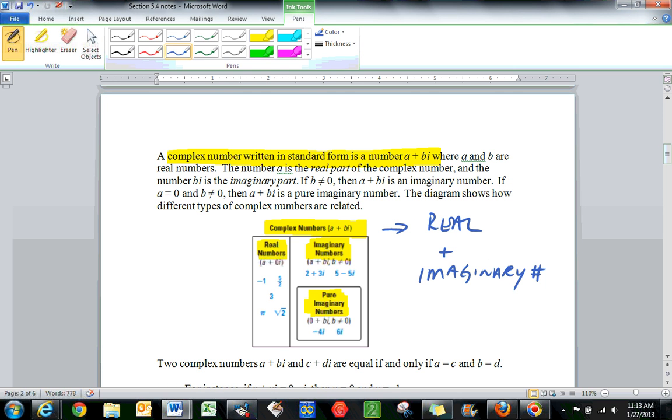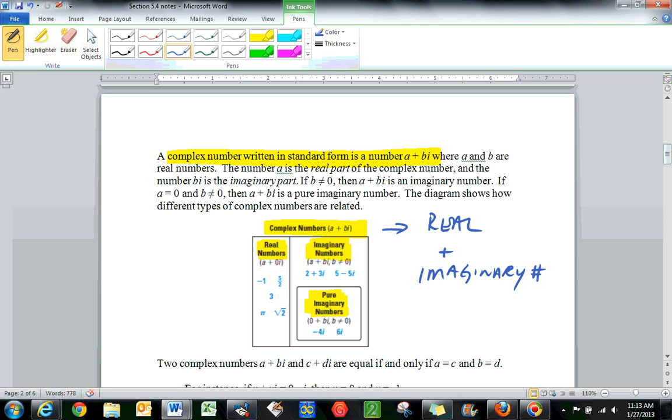We also recognize that when we have a pure imaginary number, the coefficient comes in front of the imaginary unit, just like it would if it were a variable. So we treat the imaginary unit i very much like a variable such as x or y whenever we're working problems and writing it in the proper format.